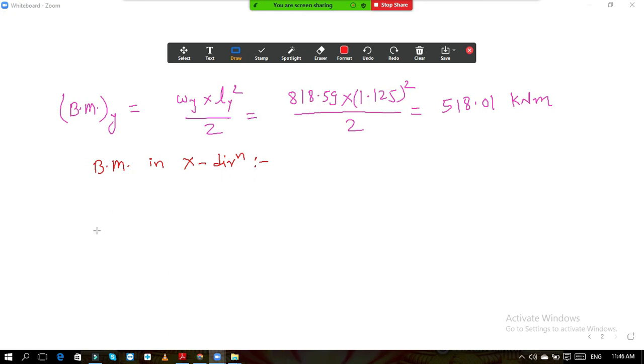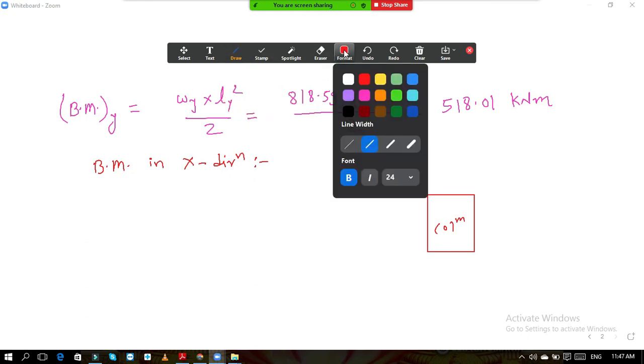Again, we will draw the same diagram. This is your column. I will draw over here. So this is the column, then your section is along x. So this is the line.